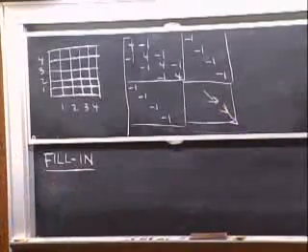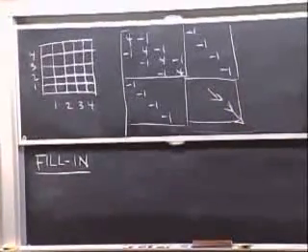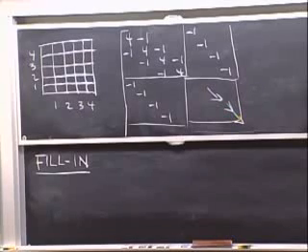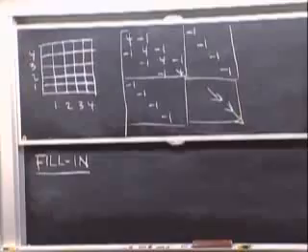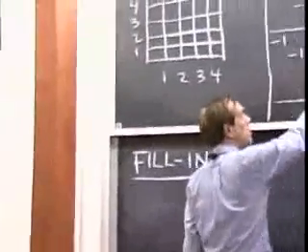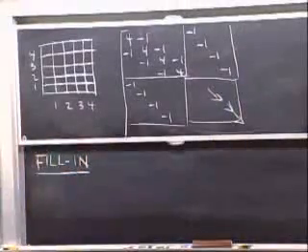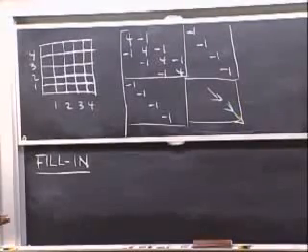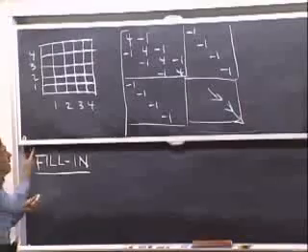So the key word and the key concept for this lecture is the fact that as elimination goes forward, a lot of these zeros become non-zeros.